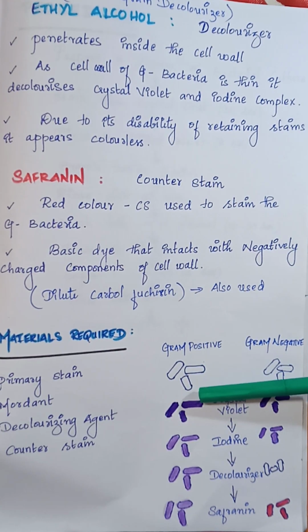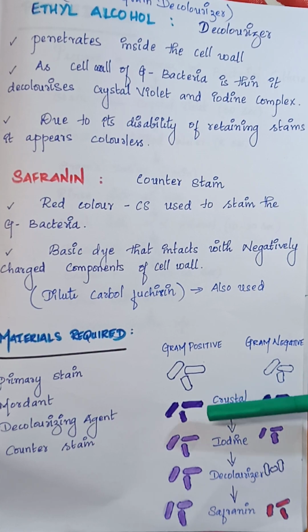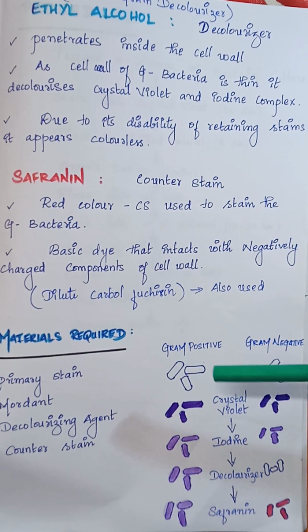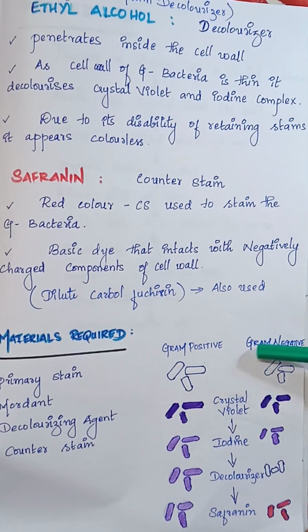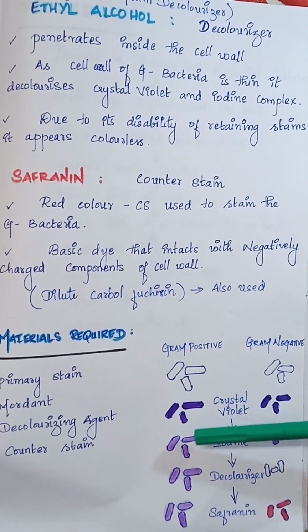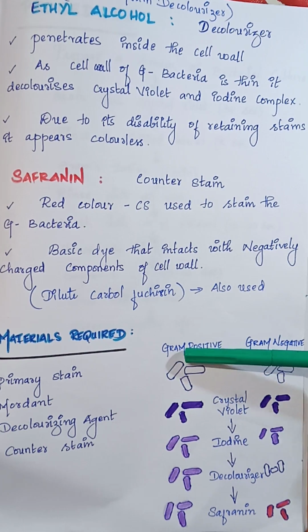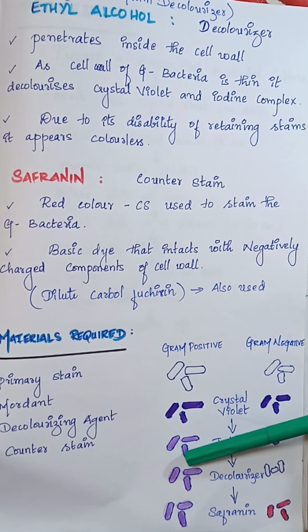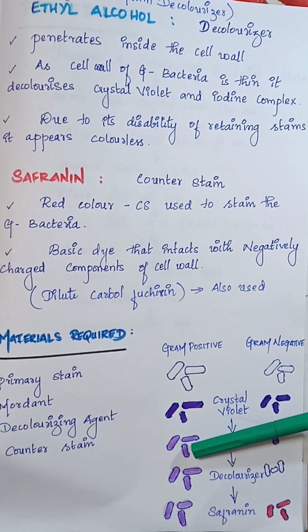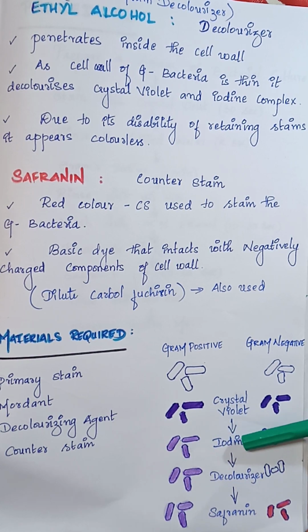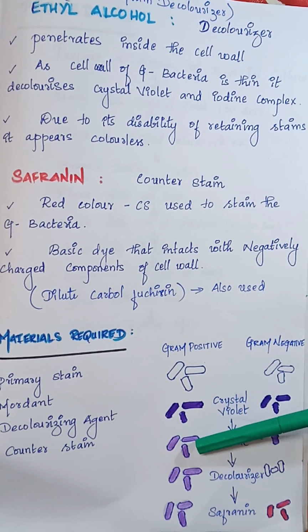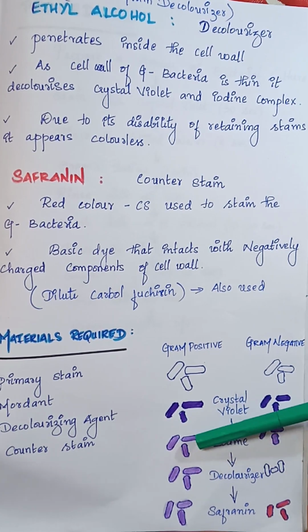Now we'll be pouring crystal violet on top of it, and we have to rinse it with distilled water. Then we'll be adding iodine. See, after adding iodine also, this gram positive bacteria will be in purple color. For what we are adding this iodine means to fix the crystal violet with the bacterial cell membrane.